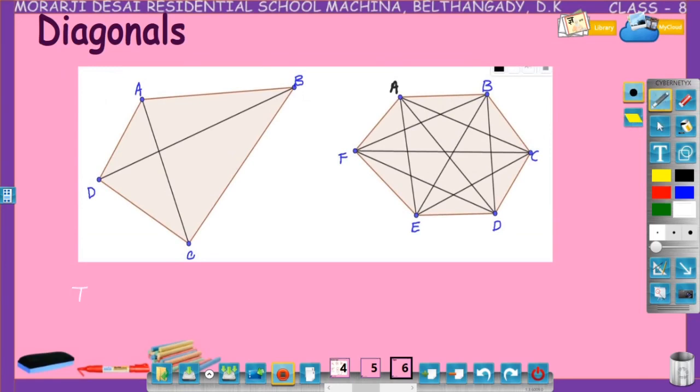You can draw any other polygon and draw its diagonals. The line joining the non-consecutive vertices of a polygon are called diagonals.